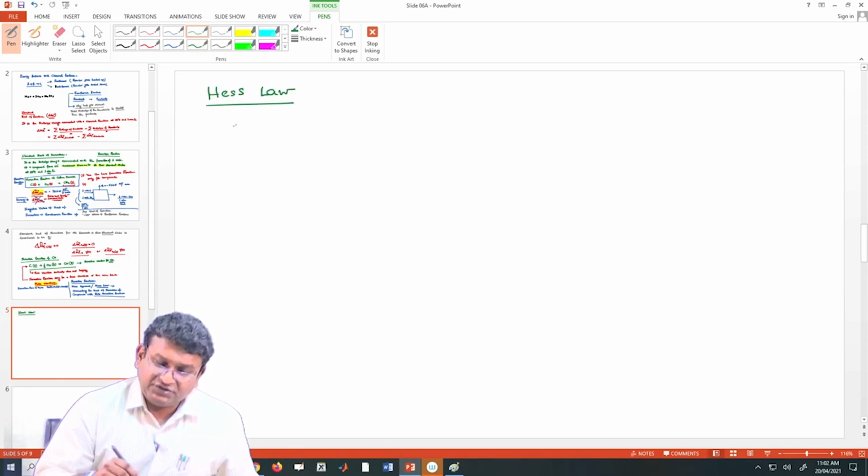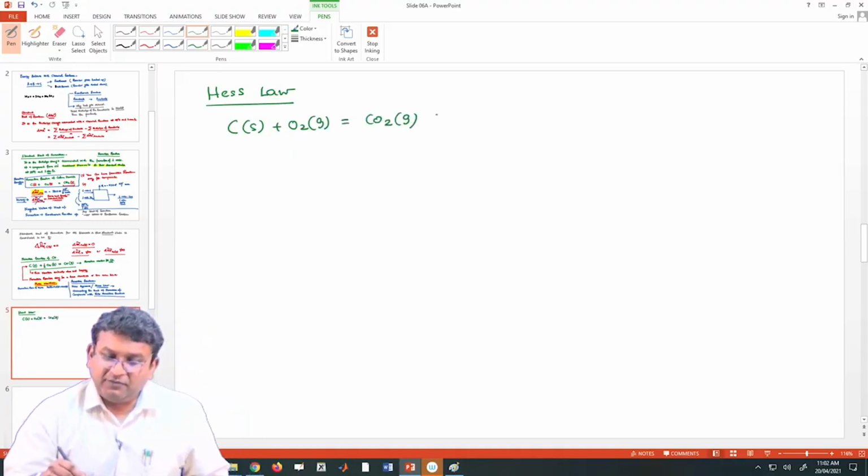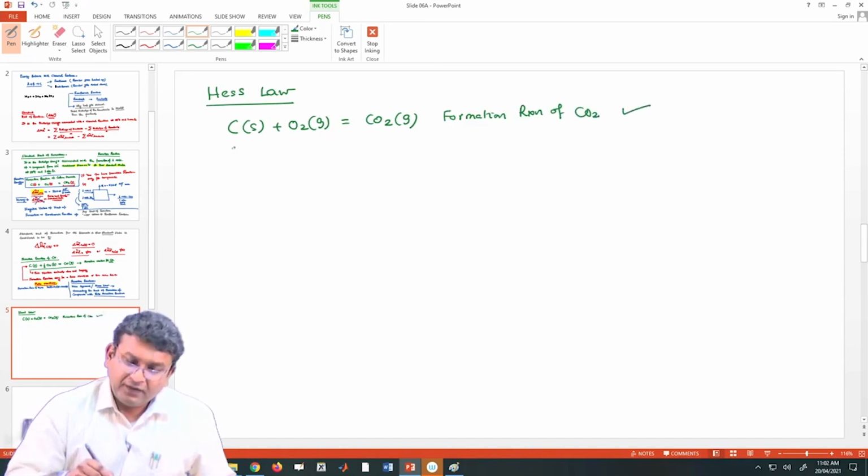So, what we have understood is that this is the formation reaction of carbon dioxide, and this is true.